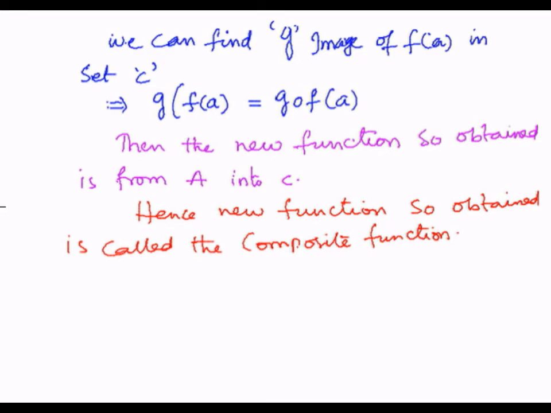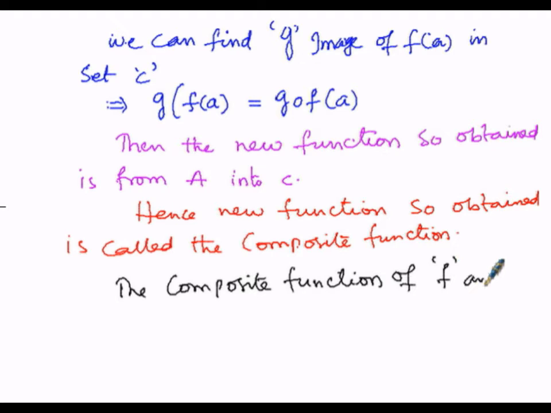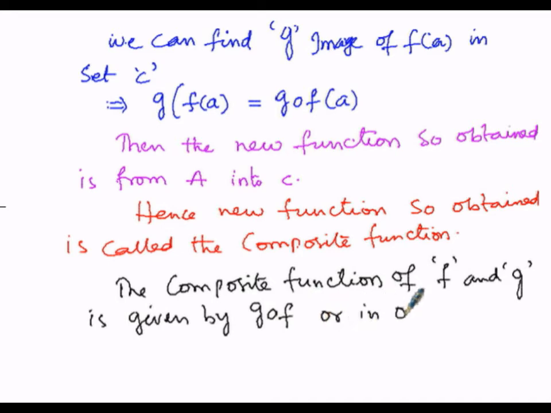And now the composite function of f and g is given by g∘f, or in other words the product of functions f and g.